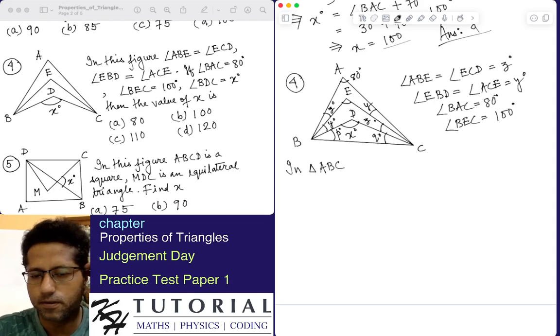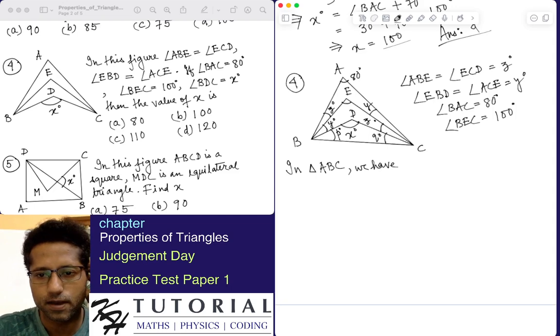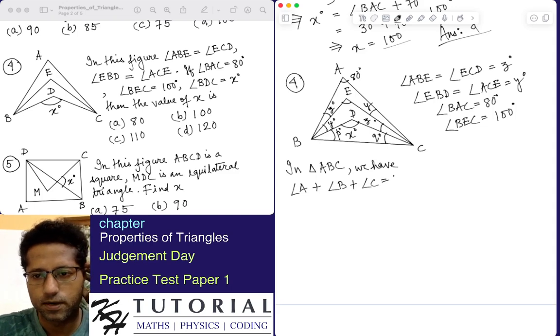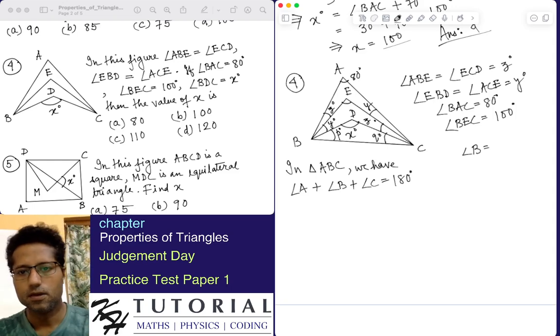In triangle ABC, the sum of the angles will be equal to 180 degree. So we have angle A plus angle B plus angle C equals 180 degree. Now please note that angle B, the whole angle B, has been dissected into three angles.